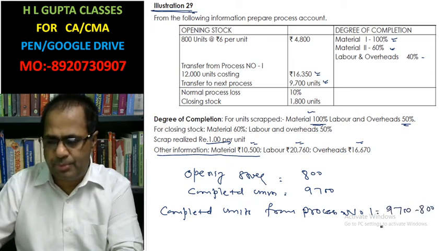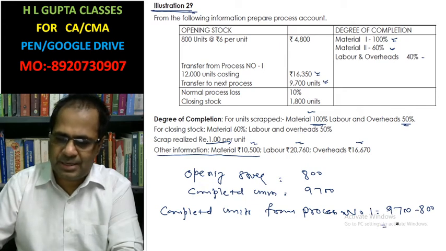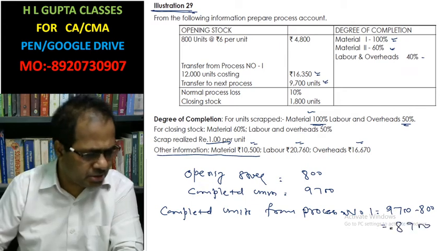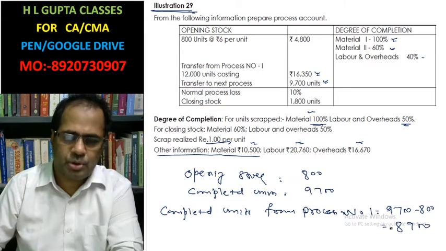This is the opening FIFO method, and thereafter after subtracting this is 8,900. This is 8,900. Okay.